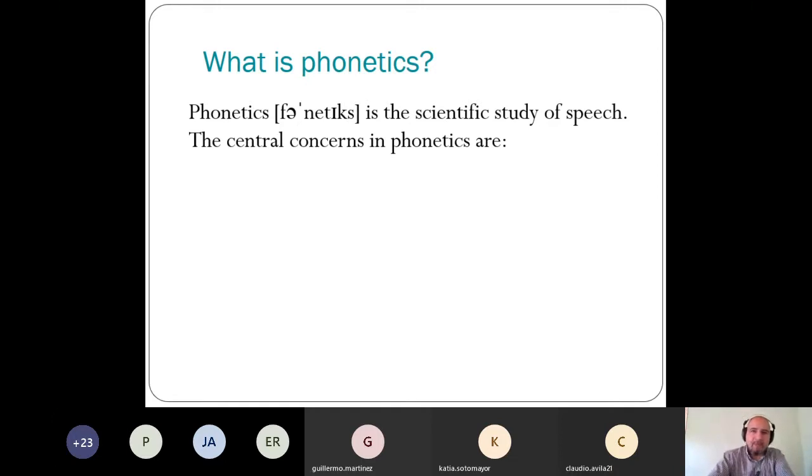The way we speak, the way we produce sounds, is a matter of study for phonetics. So, for instance, when I say phonetics, I'm putting one sound after the other, and I'm creating a word. And you can understand that that's a word because there's an initial sound, a couple of sounds in the middle, and a final sound.